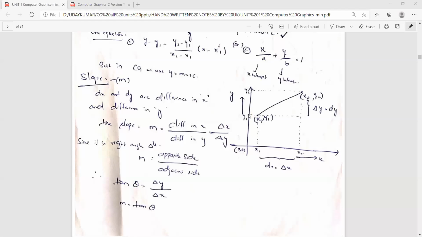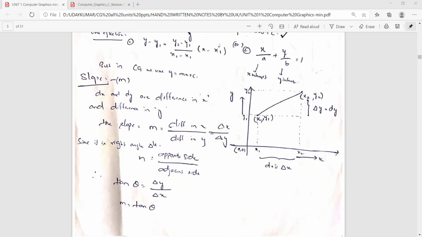So from y1 to y2, the difference is y2 minus y1, or we can say delta y. Delta y indicates the difference of y coordinates in both the starting point and ending point.